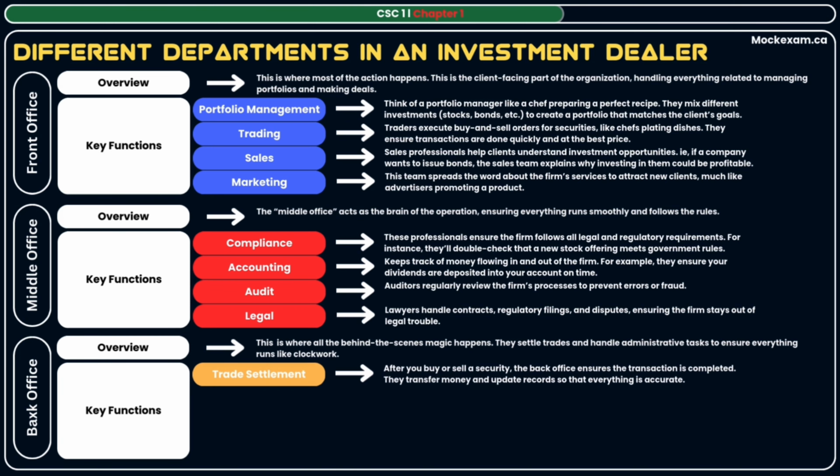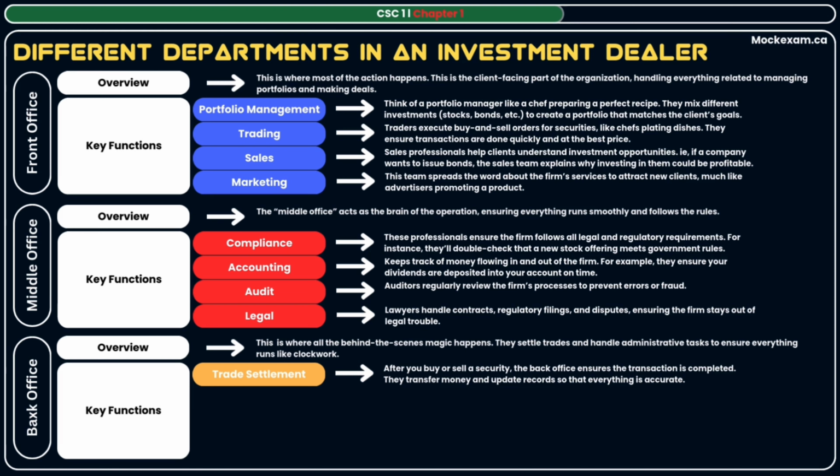After you buy or sell a security, the back office ensures the transaction is completed. They transfer money and update records so that everything is accurate. Let's say you sell some stocks, and a day later, the money appears in your account. That's the back office ensuring the trade is settled correctly and on time.